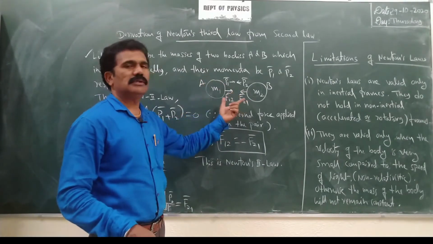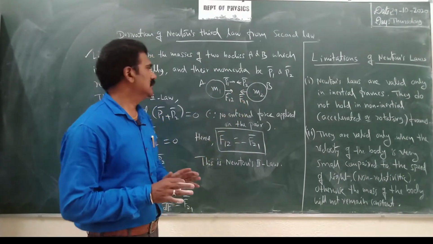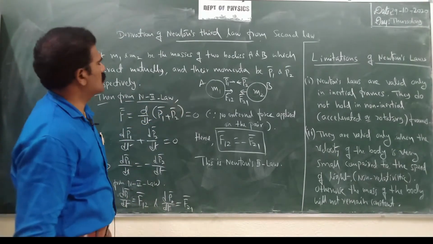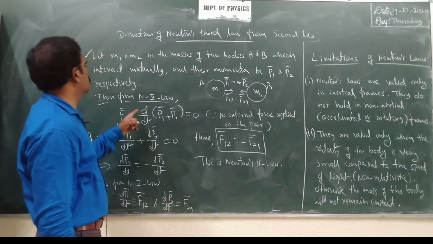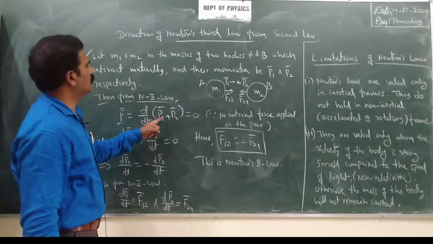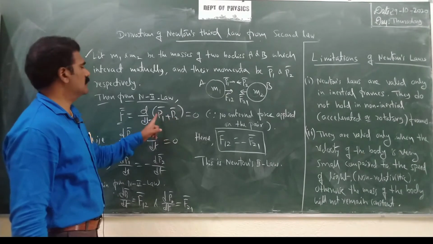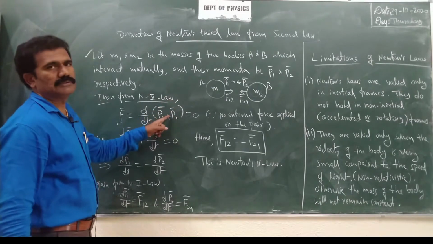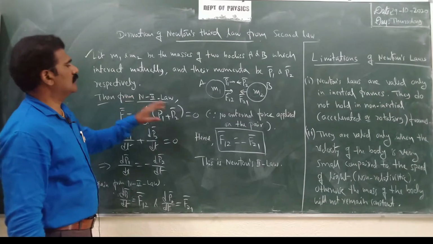On both the bodies, they are just acting mutually on each other, but no external force is acting. So from Newton's second law, the force exerted on the two bodies is given by d/dt of (P1 plus P2), to consider the total momentum, that is P1 plus P2. The rate of change of total momentum is due to the force acting on each other, so that must be equal to 0.